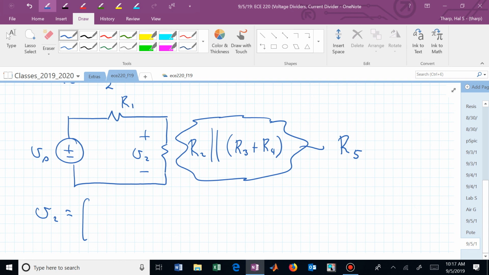R5. How do we use R5 to find V2? Isn't this our classical formula?